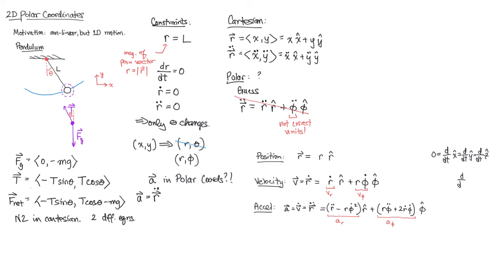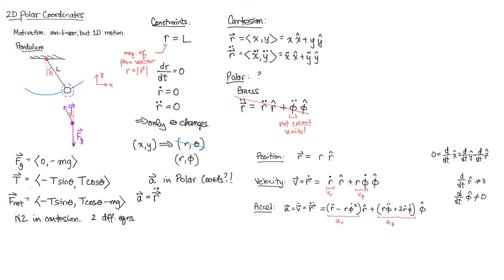So the time derivative of r hat is not zero, and the time derivative of phi hat is not zero. The lengths of r hat and phi hat are always 1. They're unit vectors, but their direction changes, and therefore their time derivative is non-zero. And that's why we end up with multiple terms in the tangential and radial directions.